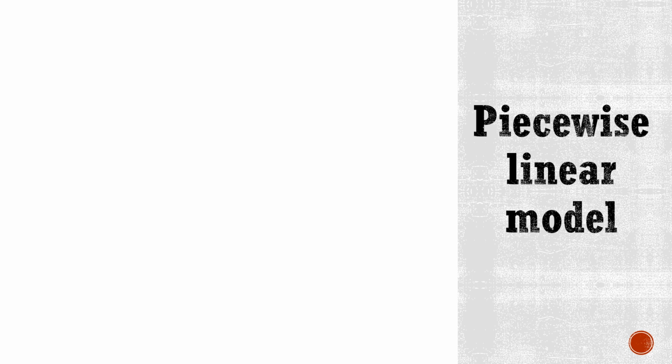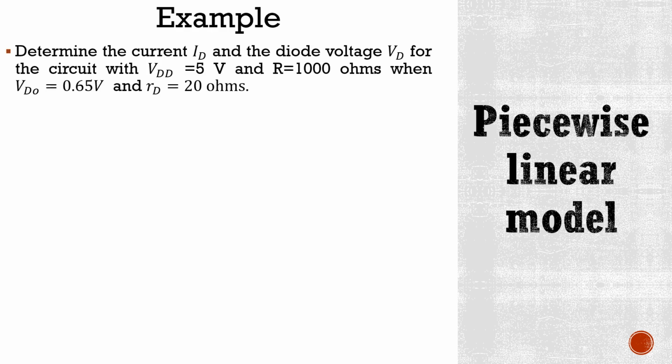Now, look at this example. If you have to determine the diode current ID and the diode voltage VD for the circuit where VDD is 5 volts, R is 1 kilo ohms, VD naught is 0.65 volts and RD is 20 ohms.